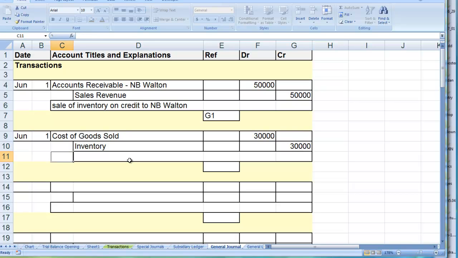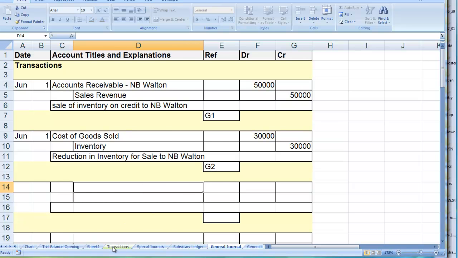And now we'll have bringing to account reduction in inventory for sale to NB Walton, and we'll call this journal G2.